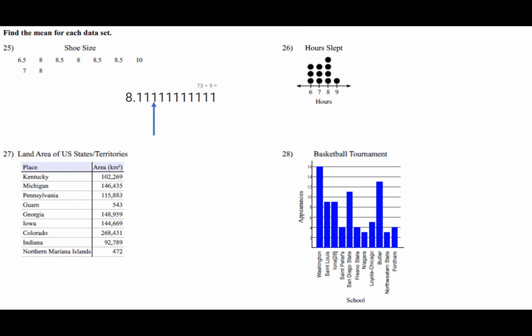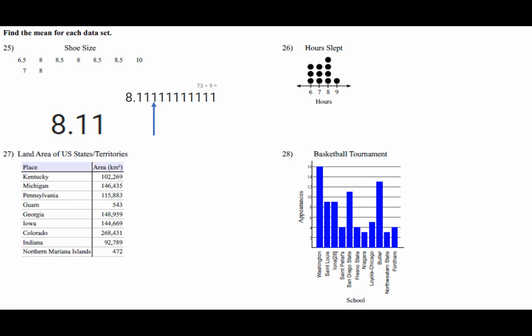I leave that alone. If my third decimal number is big, and by big I mean 5 or more, I'm going to call this 8.12. My third decimal number is small, so I'm just going to answer 8.11. Again, if my third decimal number was big, meaning 5 or more, I would have said 8.12.